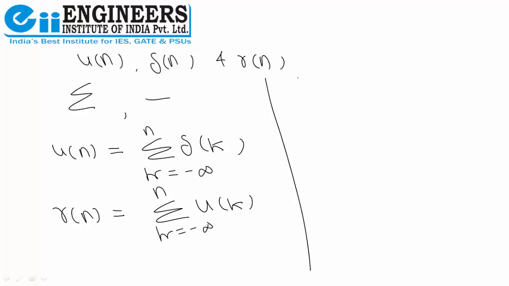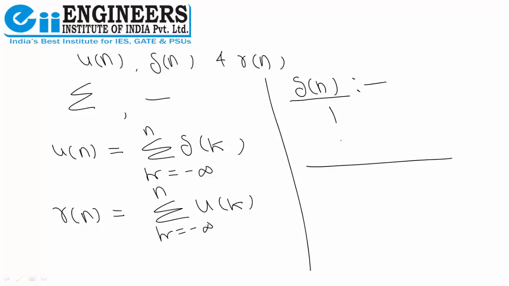Now suppose you want to represent delta n in terms of u n. Clearly we know there will be a subtraction of u n's. Now how to subtract u n from u n such that we get delta n?